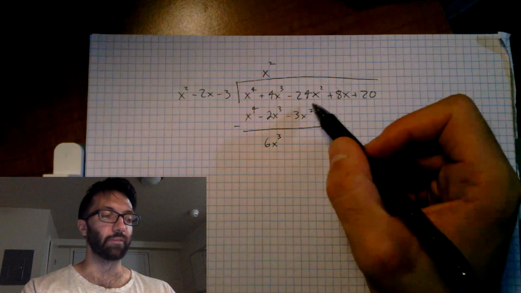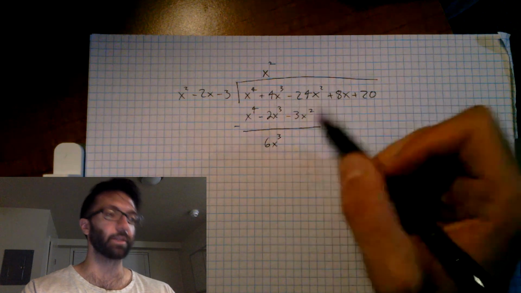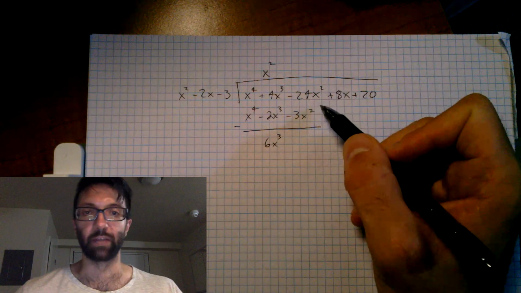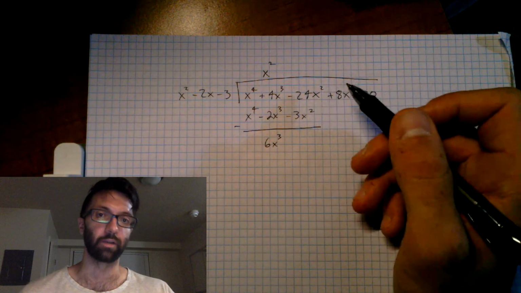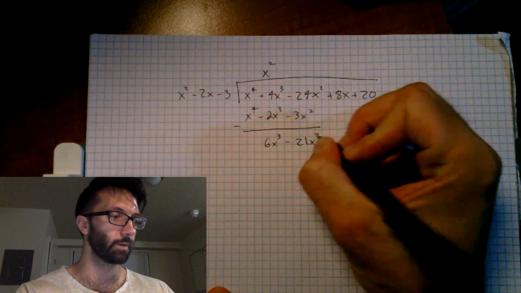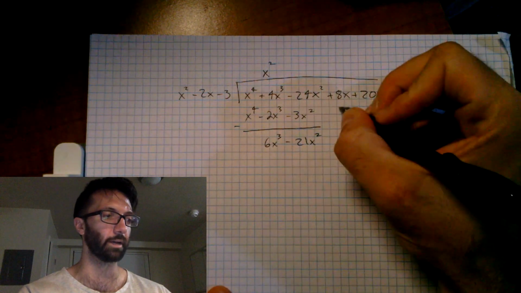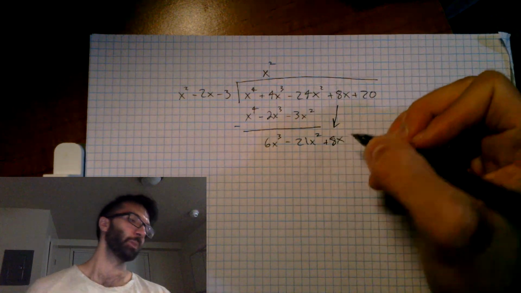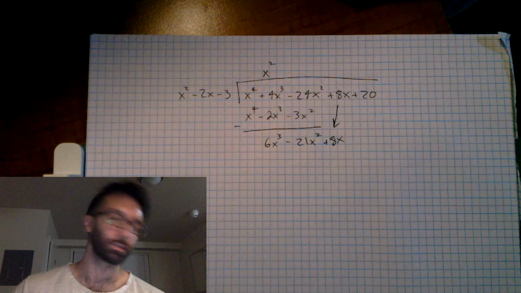And then we have a negative 24x squared minus a negative 3x squared. So that's the same thing as saying negative 24x squared plus 3x squared, which is going to be a negative 21x squared. And then we bring down the positive 8x, and then we just repeat this process.